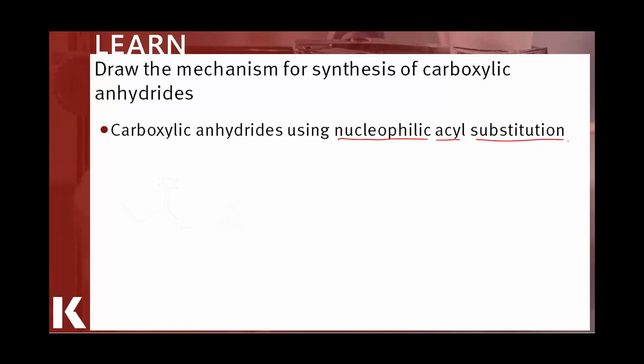But a quick overview shows us that we have an acyl group, which is a carbonyl group with a leaving group attached to it, and a nucleophile. The nucleophile is going to attack the carbonyl carbon because it's slightly positive in charge. That then breaks one of our bonds to our oxygens, and we result in our intermediate with a negatively charged oxygen.